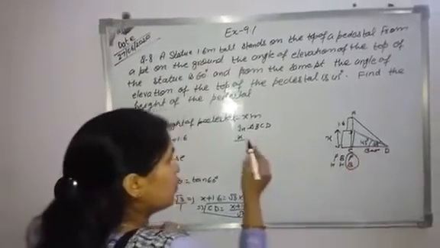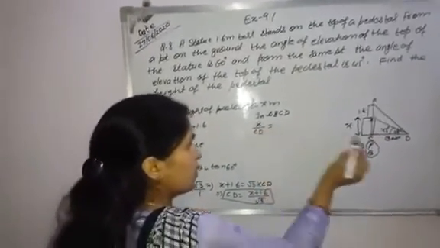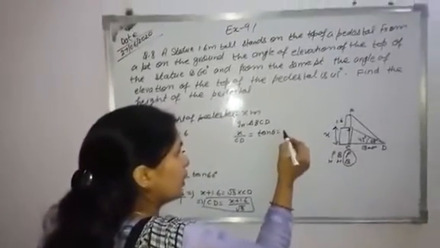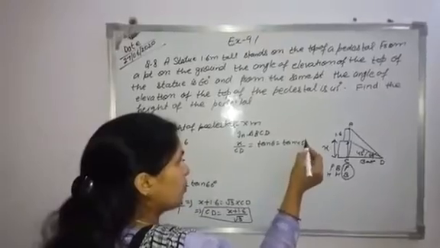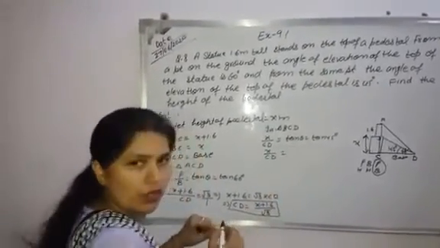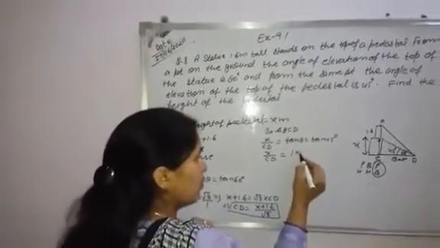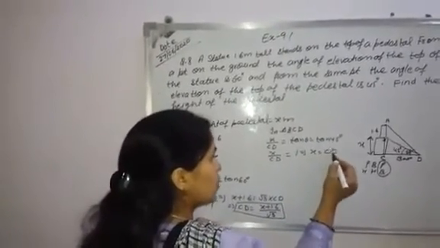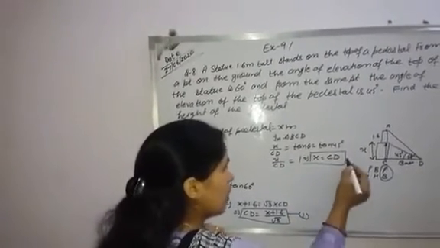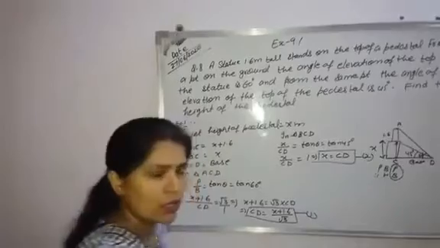X, and base is equal to CD, is equal to tangent theta, and here theta in this triangle is 45 degree. So x divided by CD is equal to tangent 45, which is 1, and when we apply cross multiplication, x is equal to CD.